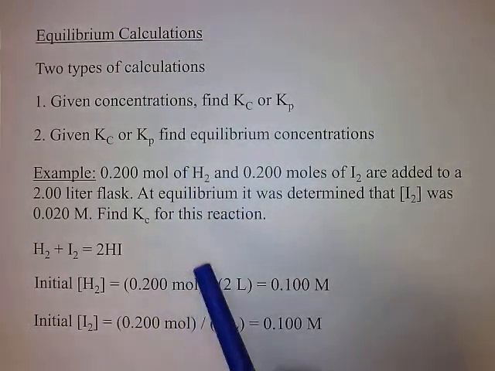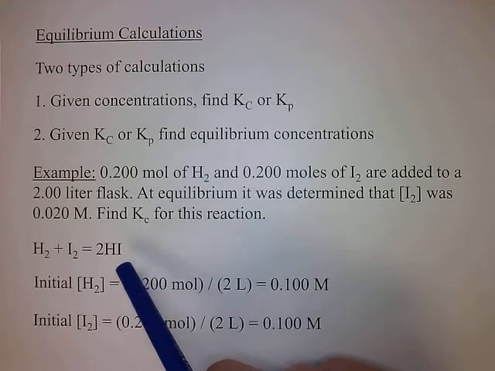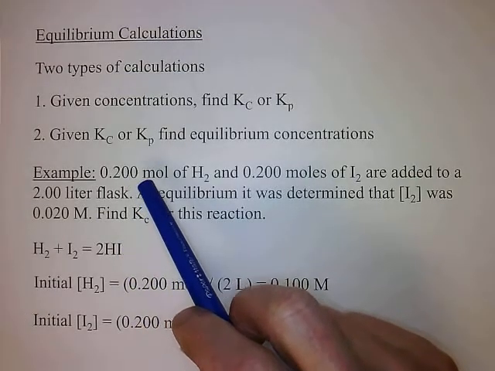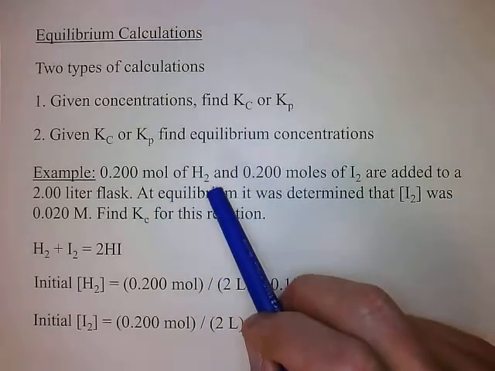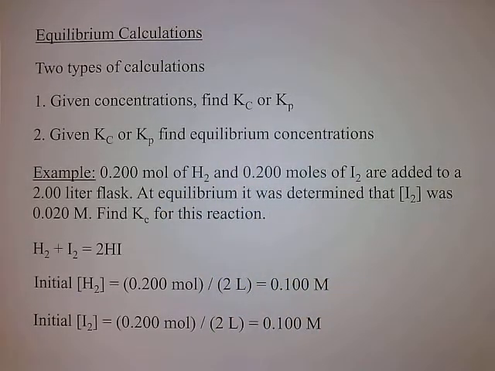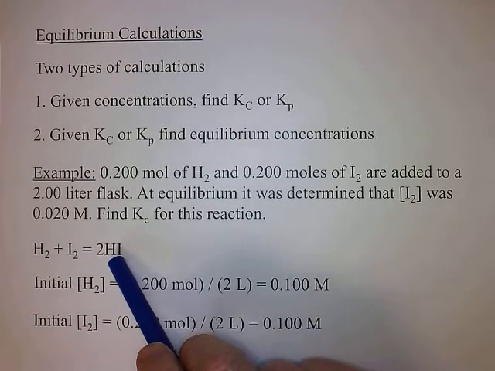All right, so we're going to look at the equilibrium between H2 and I2 to make 2HI. So we're going to start with 2/10 of a mole of H2 and 2/10 of a mole of I2. So we're starting with H2, I2, and no HI.